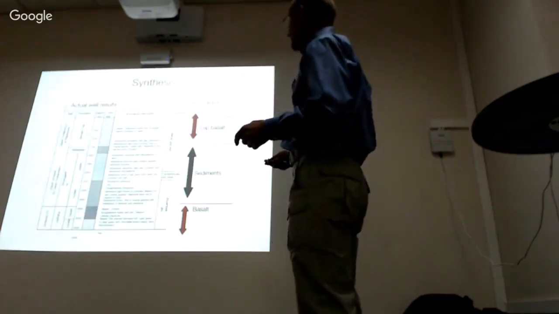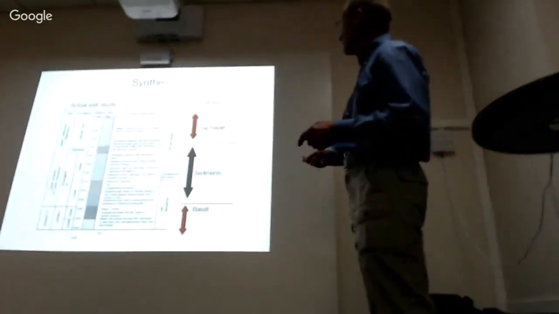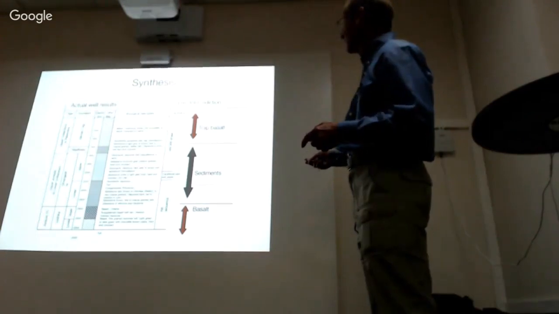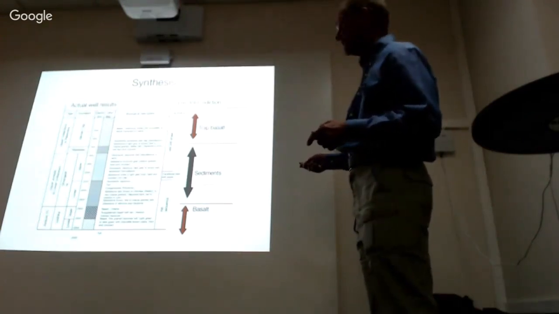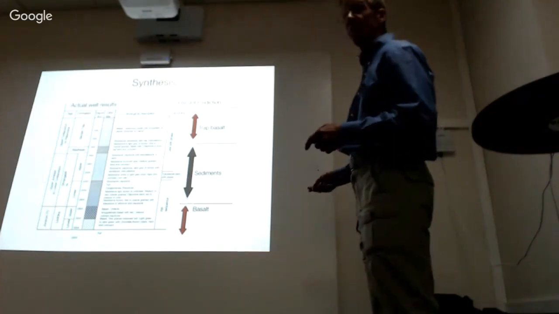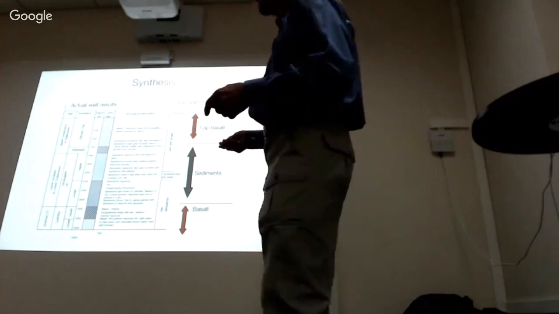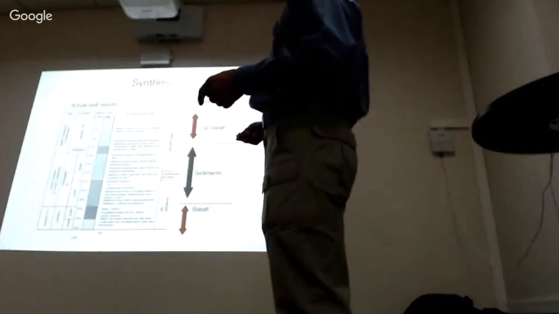So that prompted them to drill. And here's what they had previously thought. There should be basalt up to this level here, which is about 1,500 meters. Then a layer of sediments, about a couple of kilometers, and then basalt underneath. So they drilled. Here's the geologic log that came from that.